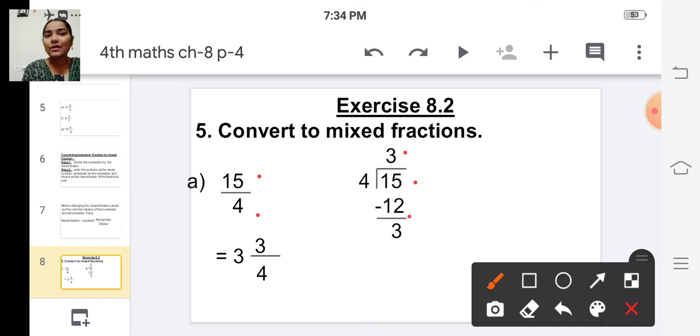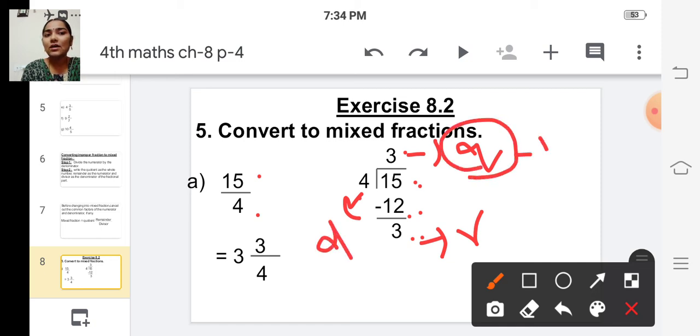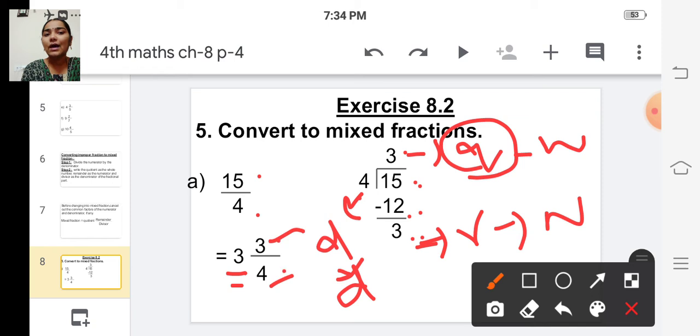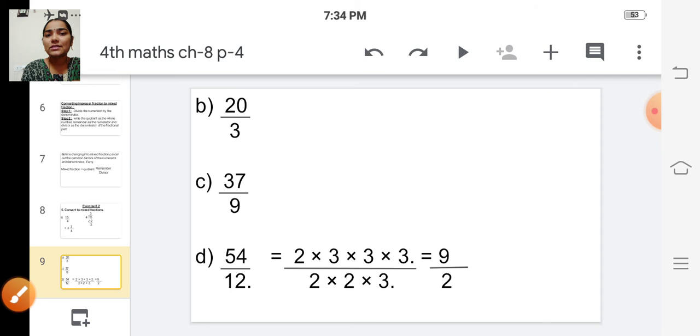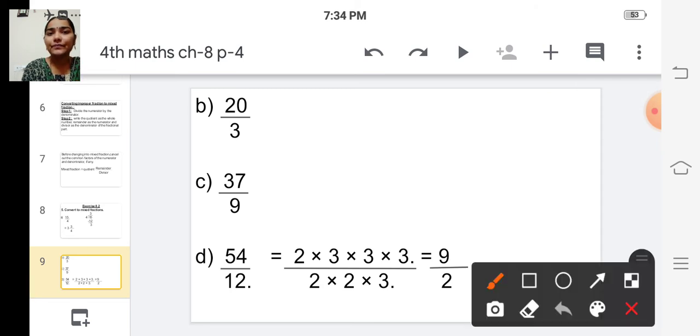Write the 12 here and subtract, 15 minus 12 is 3. So this is quotient, this is remainder and this is divisor. Quotient as whole number, so 3, remainder as numerator, so 3, and divisor as denominator, so write 4 in the denominator. 3 by 4.